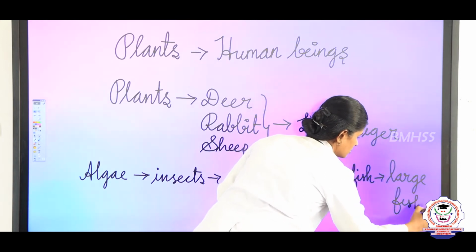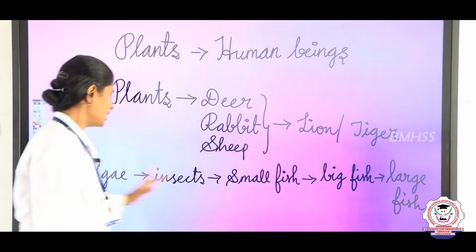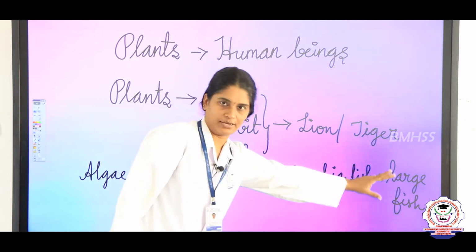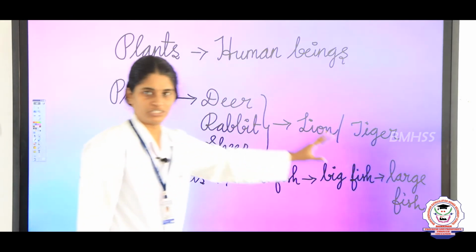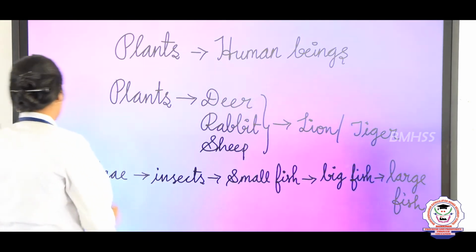So here also we can see the food is flowing like a chain. Okay, so these are the examples of the food chain, right?